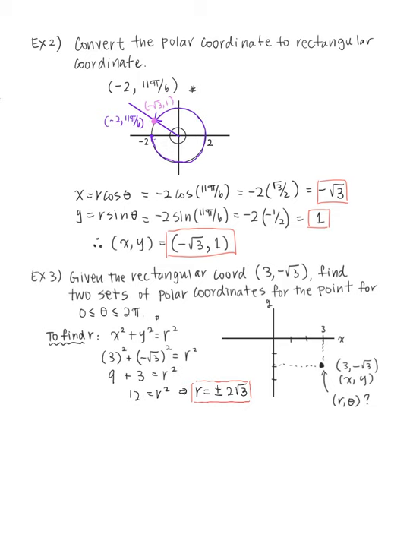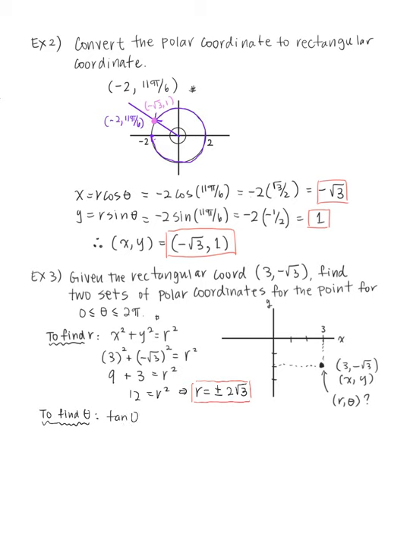Now next step, let's try to find our angle theta. Which conversion formula have we not touched yet? Well, we have not touched tangent of theta equals y over x. That's exactly what we need to use to find the angle theta.